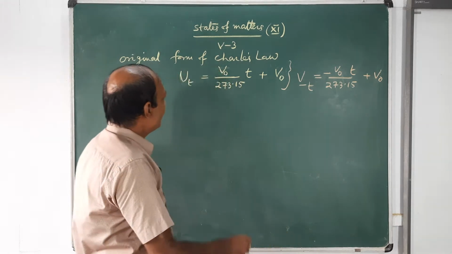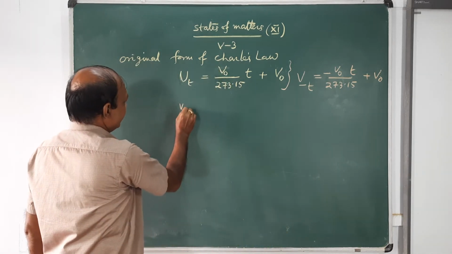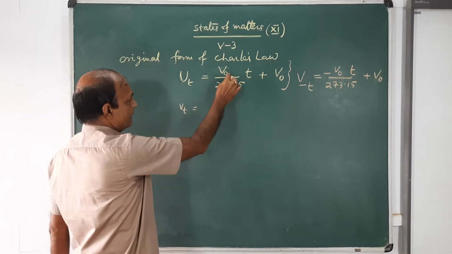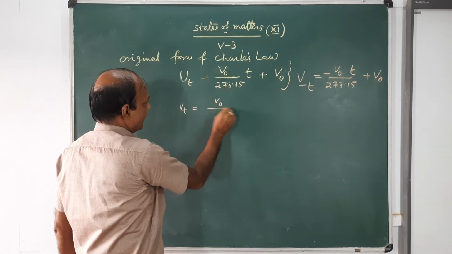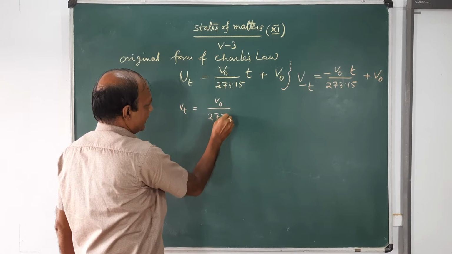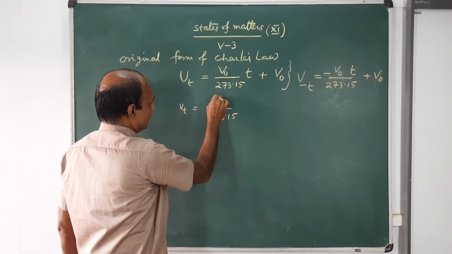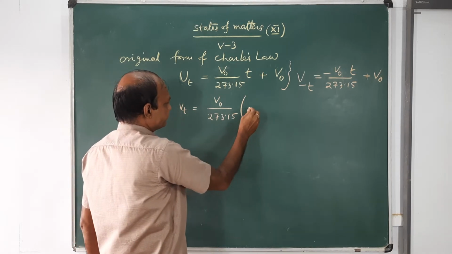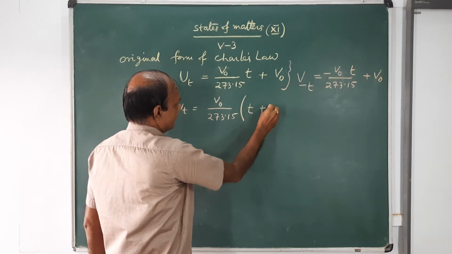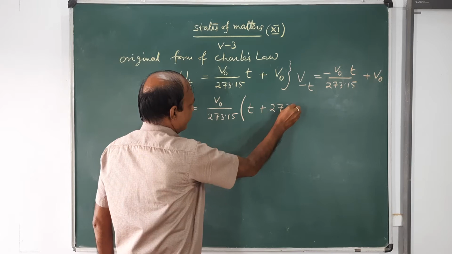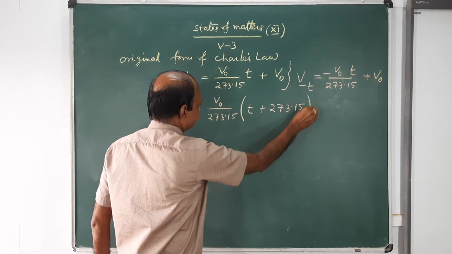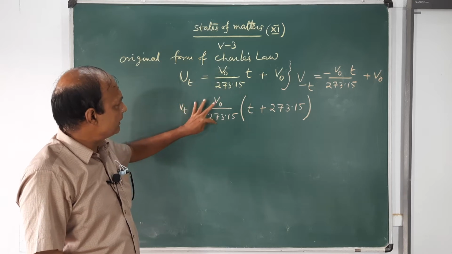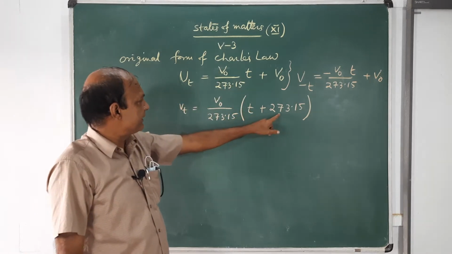Now see, we are writing Vt equals, taking V0 by 273.15 common, we get T plus 273.15.